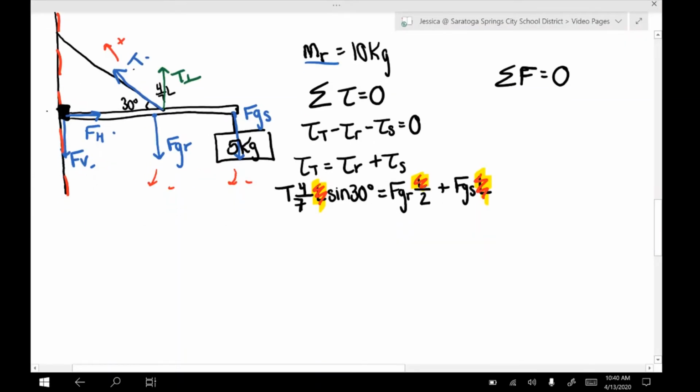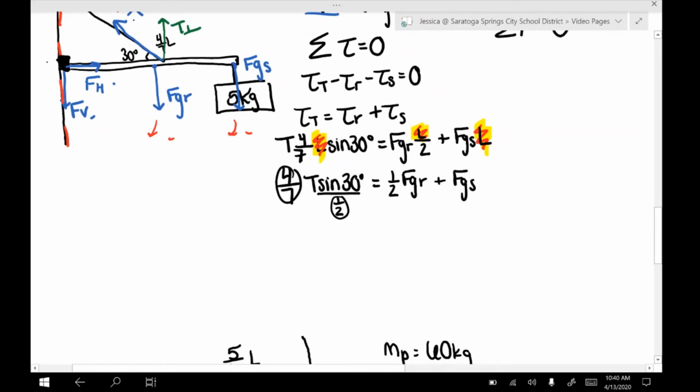Okay, so I'm going to rewrite these. So this is 4/7 T sine 30 equals 1/2 force of gravity from the rod plus force of gravity from the sign. Other thing to remember is that the sine of 30 is 1/2. So I can actually combine the 1/2 and the 4/7.